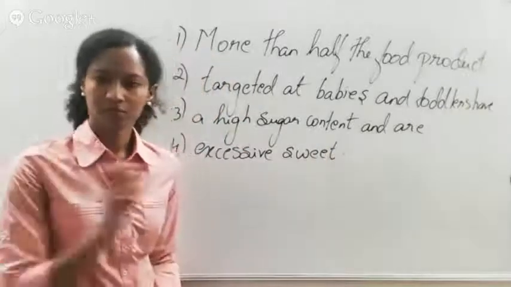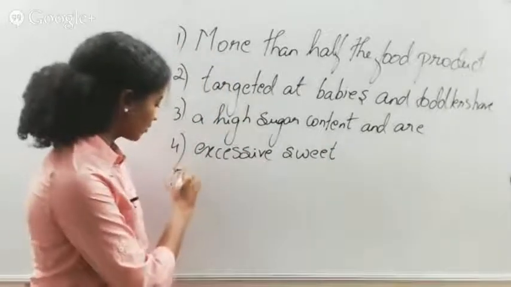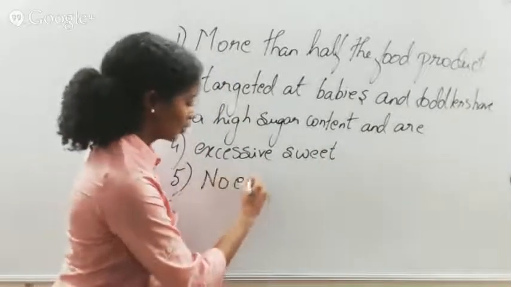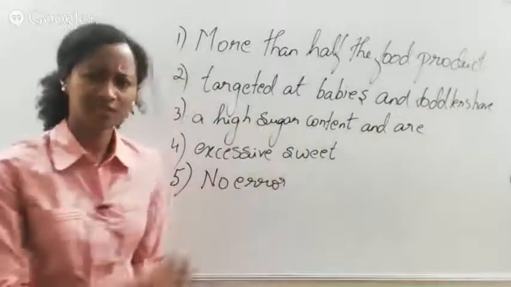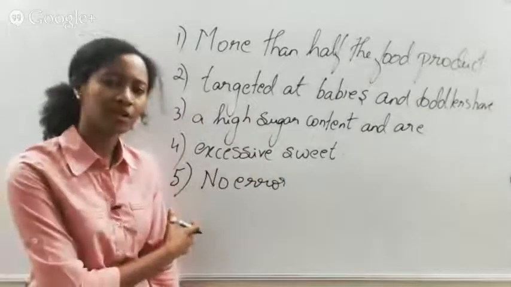Okay, the sentence is broken into 4 parts and we have no error. So if we feel none of these parts have any error, we're going to click no error.